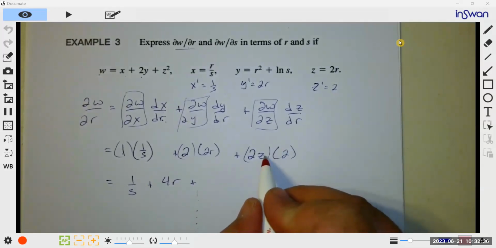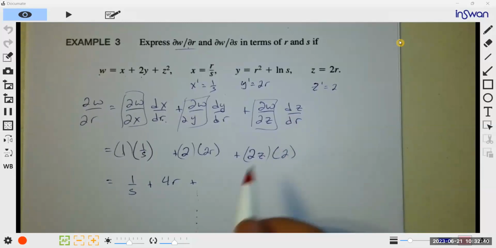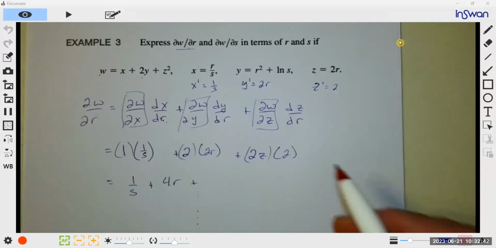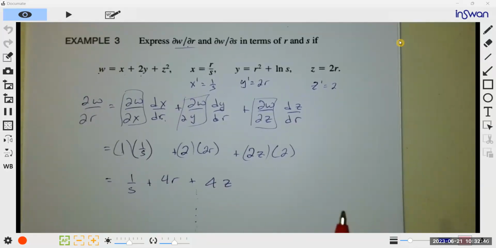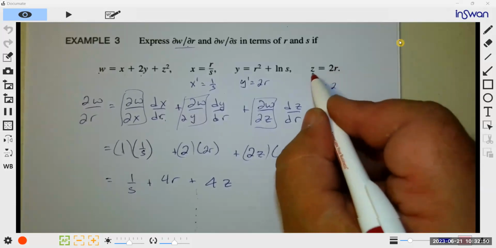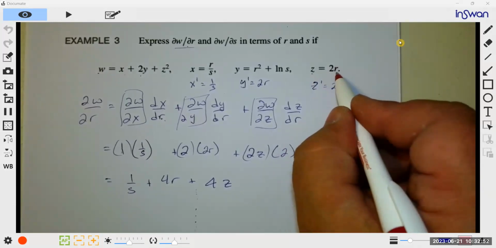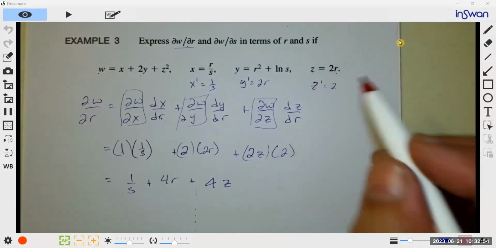Oh, that's, yeah, 2Z. We have 4Z. But what is Z?